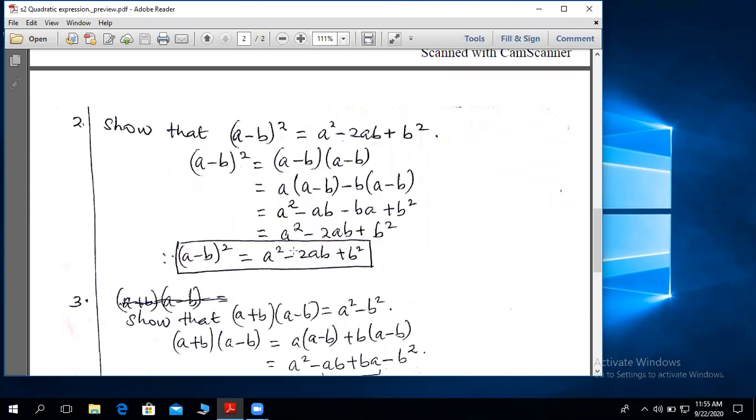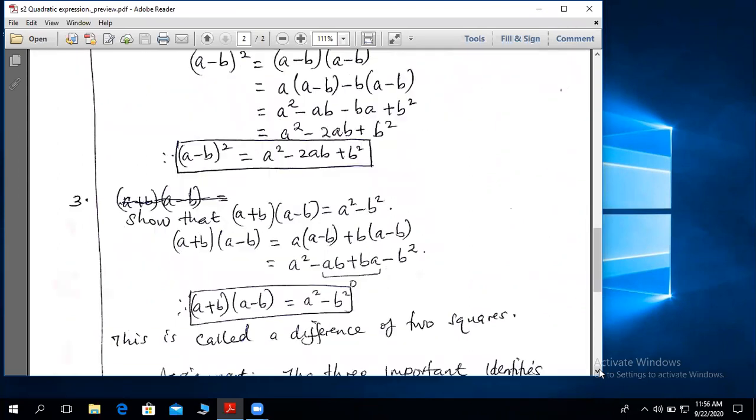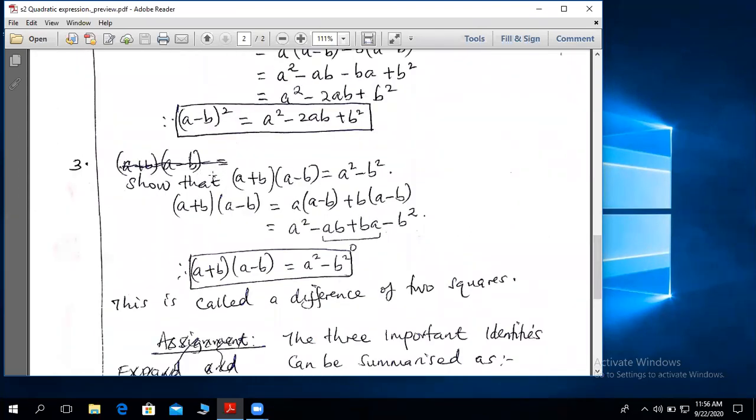Now, identity number 3, show that a plus b into a minus b is equal to a squared minus b squared. That is the other identity. So what are we going to do? We shall multiply as we have been doing.